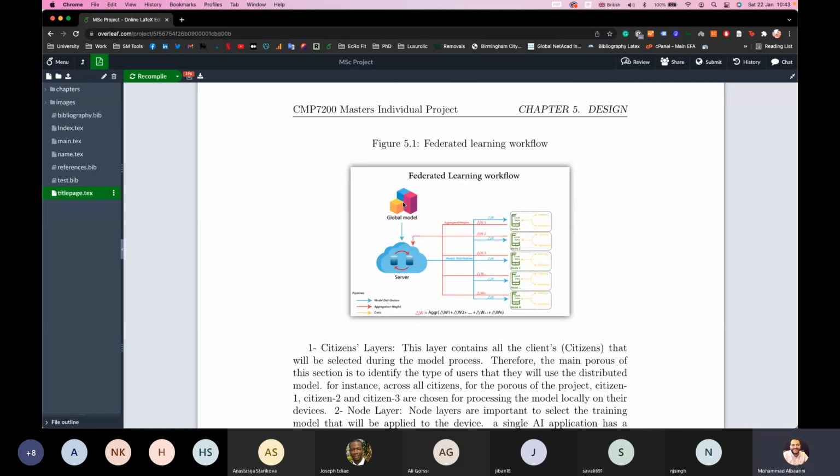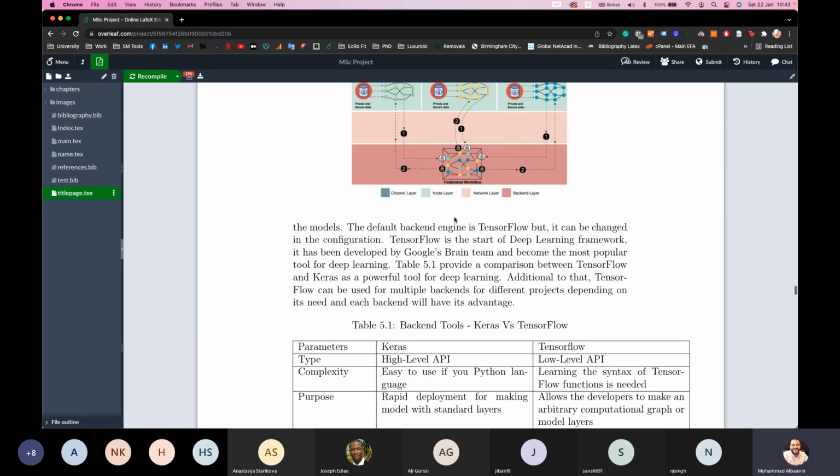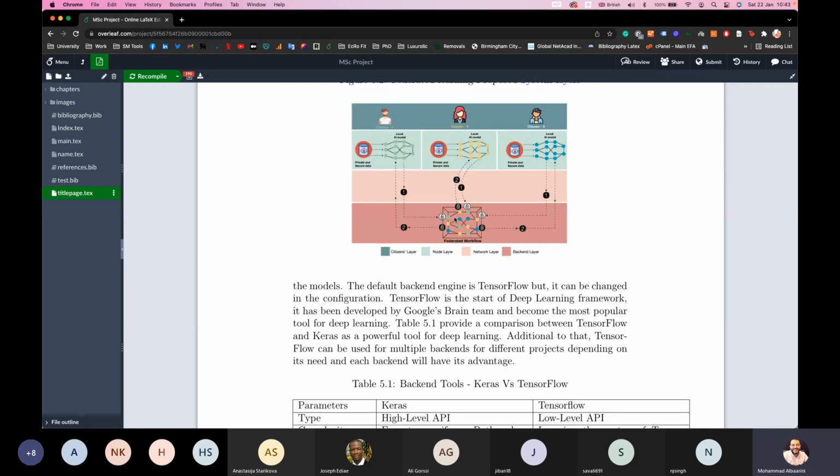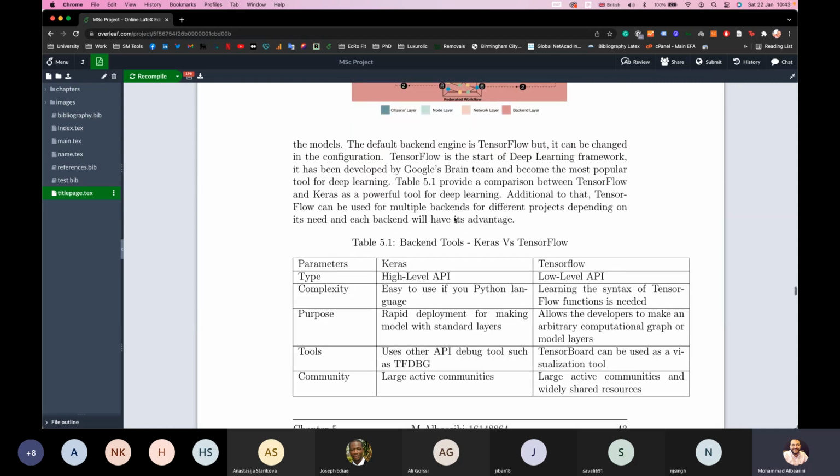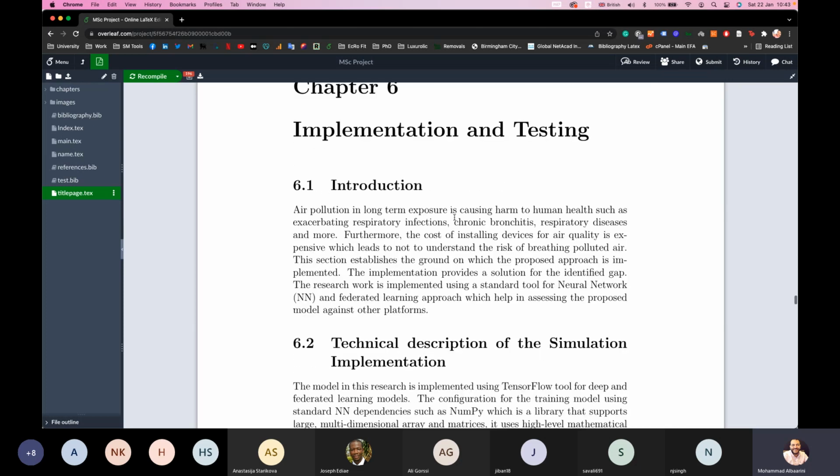So I have the global model, which is image processing in my case, and I have the server. The server will distribute the model, and the server will aggregate the weights of those models, or the results only, basically. There are many techniques that can be used for image processing.